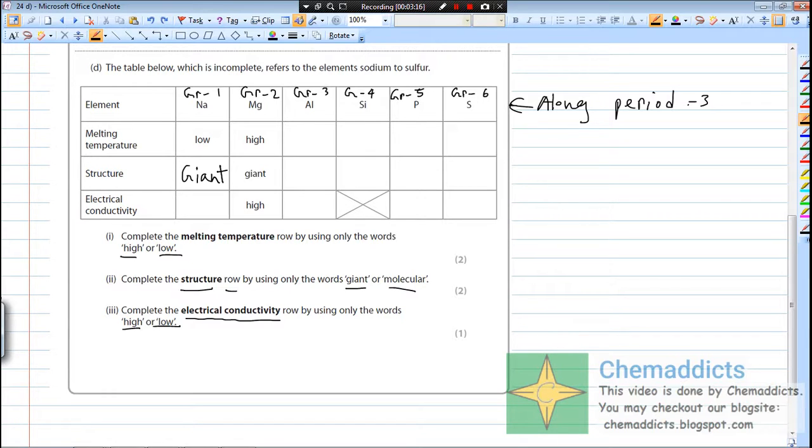The only defect that group 1 metals have, particularly sodium, is that they are really soft. Since this metal is really soft, it will have a low melting temperature.